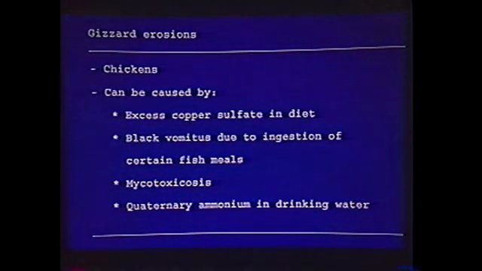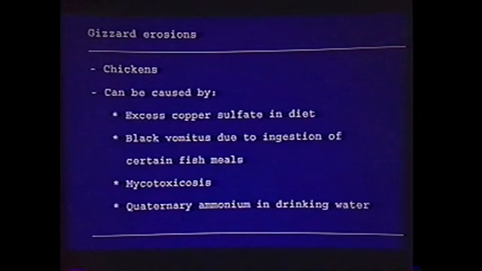Here is proventriculus and here is a gizzard from a broiler chicken, commercial flock. What we see here is deep ulcerations and necrosis of the gizzard lining. Gizzard erosions and ulcerations are more or less common in broiler chickens. They can be due to a variety of causes.